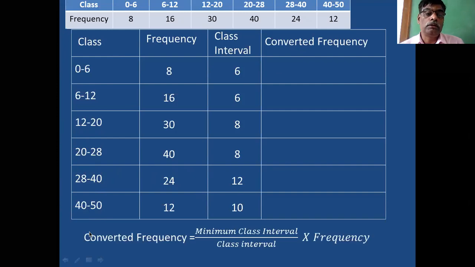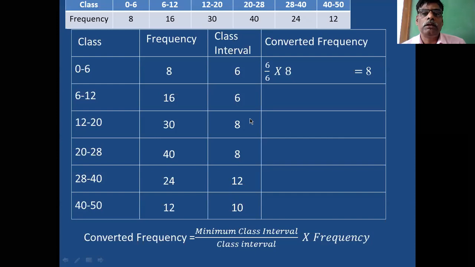Converted frequency is equal to the minimum class interval at the numerator. In the denominator, you take the actual class interval and multiply by the frequency. You see here, the minimum class interval is 6 in this column.